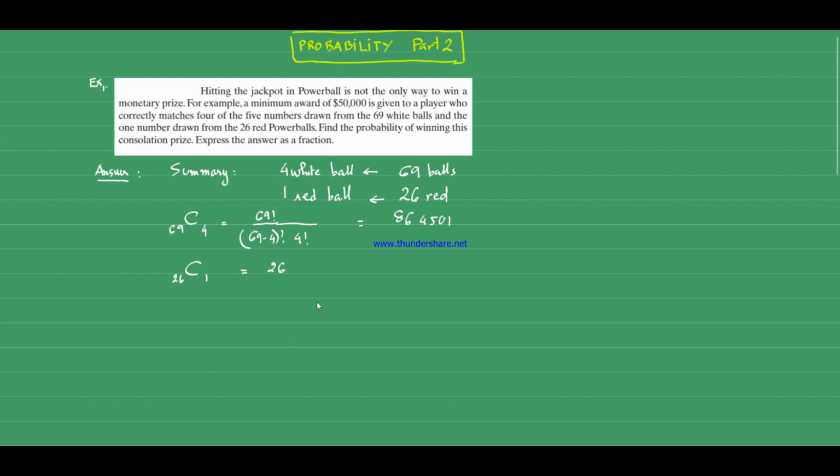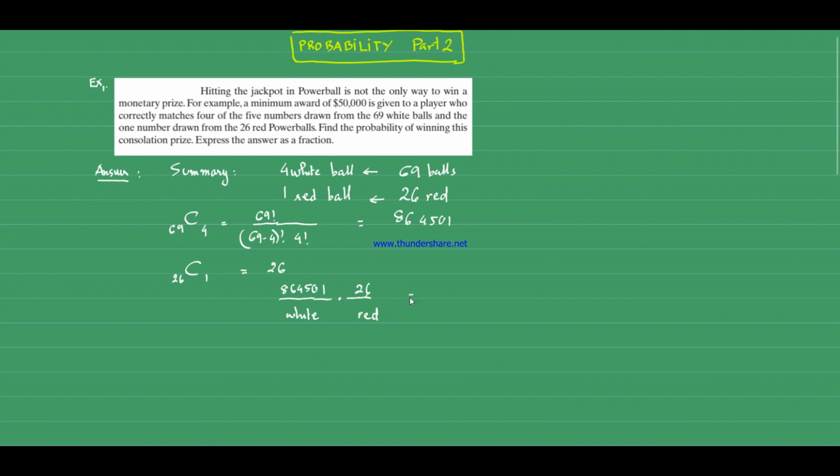So think about it. Right over here we have to use the counting principle concept. This is the place for the white balls, and this is the place for the red ball. Over here we have 864,501 options for the white, then we have only 26 options for the red.